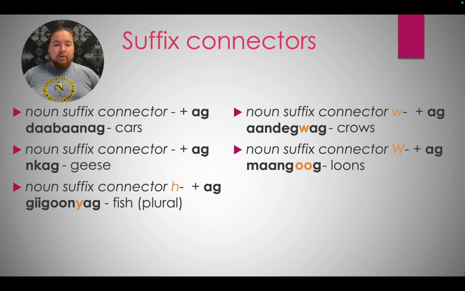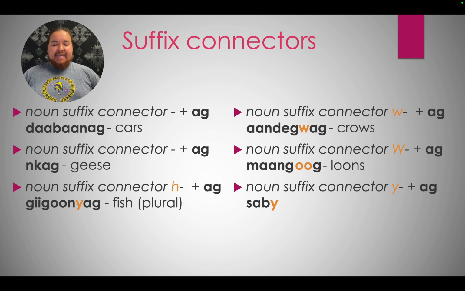So mongoog, loons. And lastly, our word for net is asab, and it has a Y suffix connector. And so when you add ag, we have to pay attention to the Y and the A sound. And it changes to a double I. Asabiig, nets.